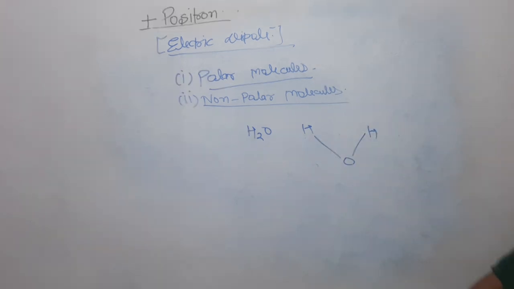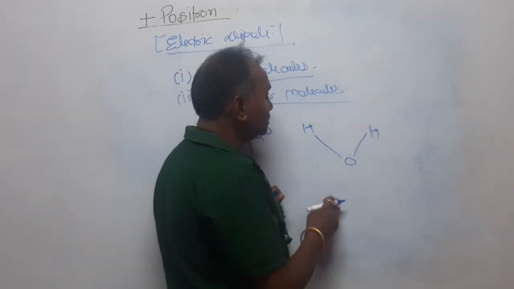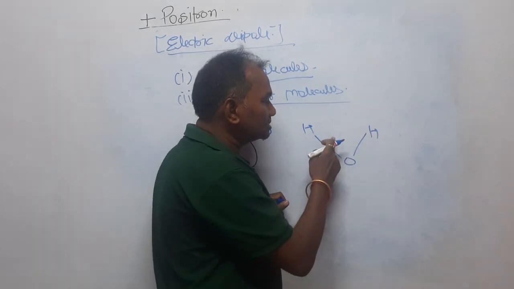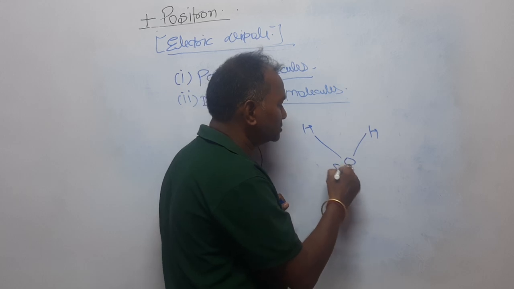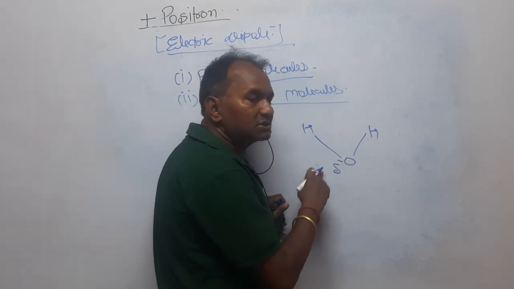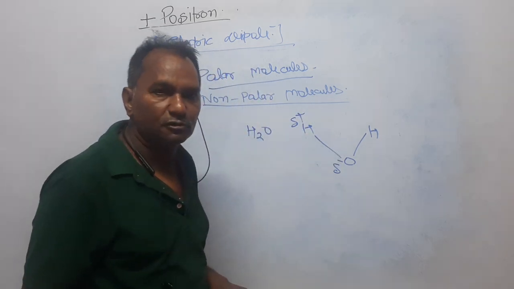So what happens, dear students? In this case, oxygen is more electronegative, so the shared electron will be attracted towards oxygen. So oxygen acquires some partially negative charge, and the hydrogen becomes partially positive.